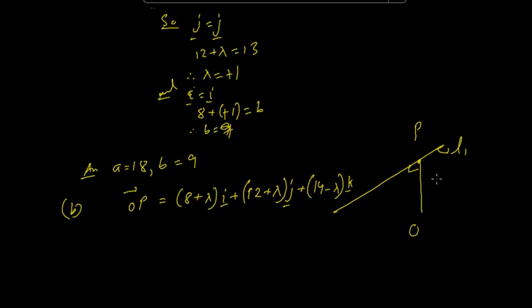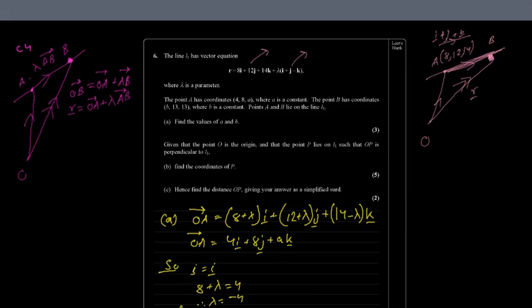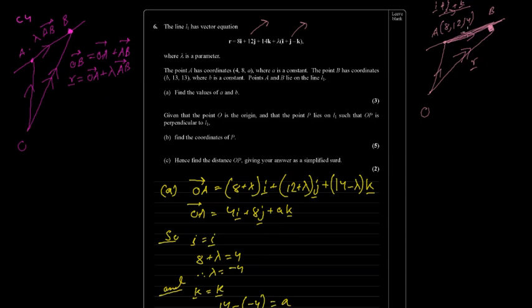That's the rule. This one is the direction vector for OP, and the direction vector for L1 is this one: i plus j minus k.